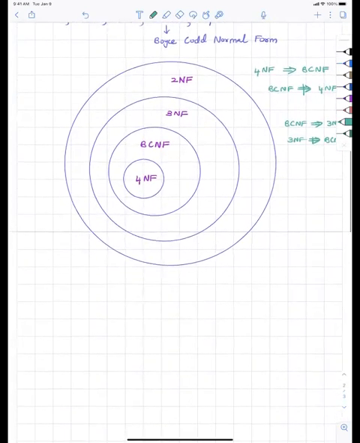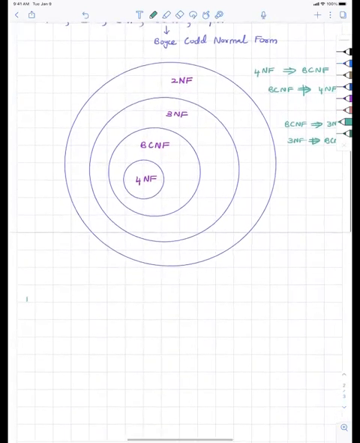But Boyce-Codd normal form is a set of relations that will satisfy all functional dependencies. And fourth normal form satisfies both FDs and MVDs.